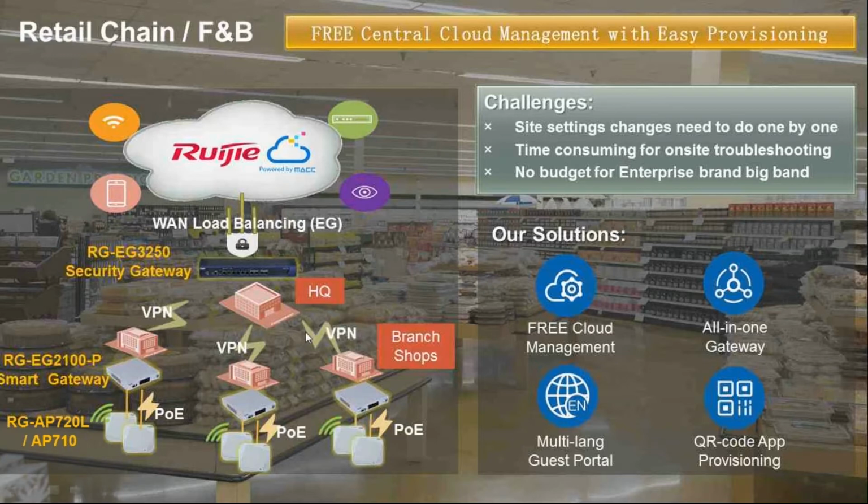And this IPsec site-to-site VPN is not chargeable. There is no license subscription needed. You purchase one unit of the security gateway, and you can have this kind of service. So this is the solution for the retail chain and also SMB with no budget for the enterprise brand.